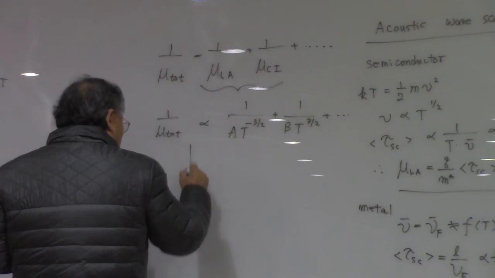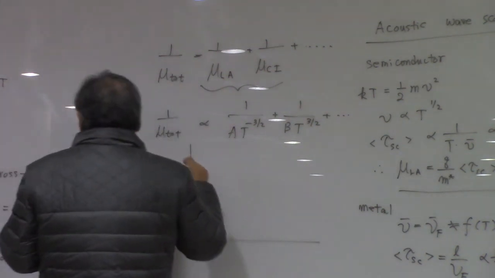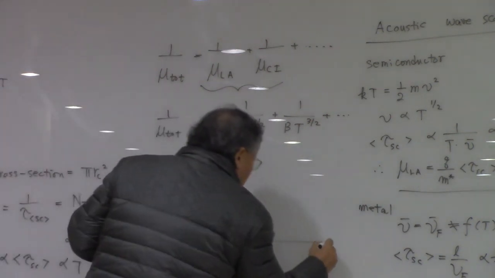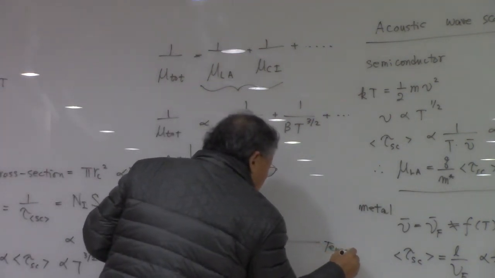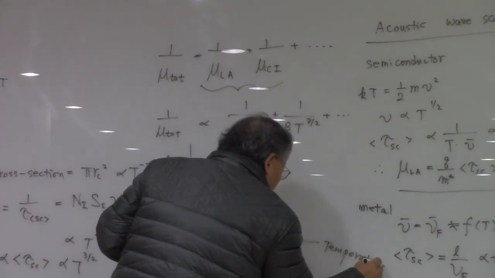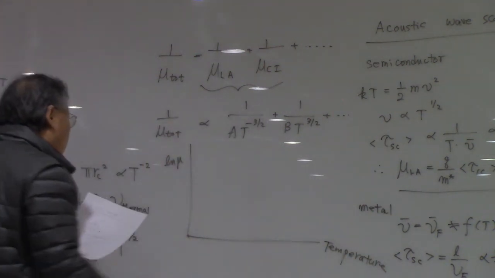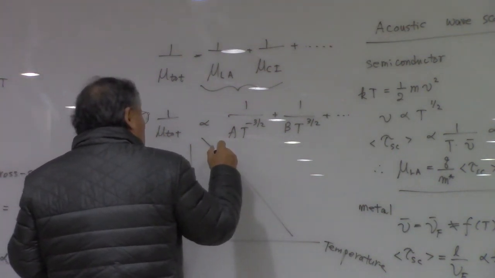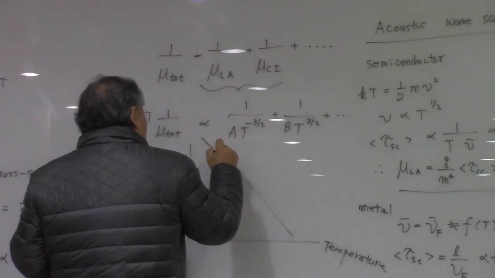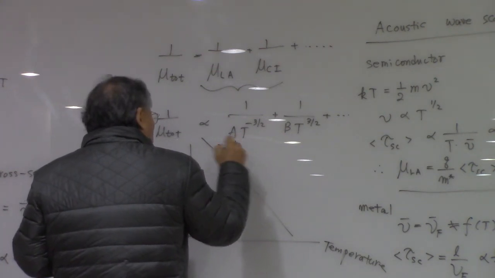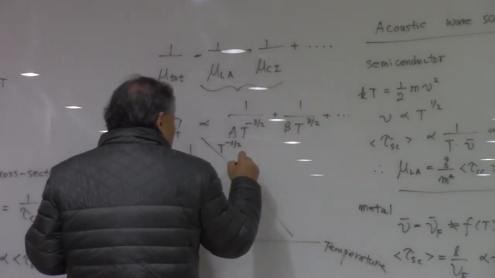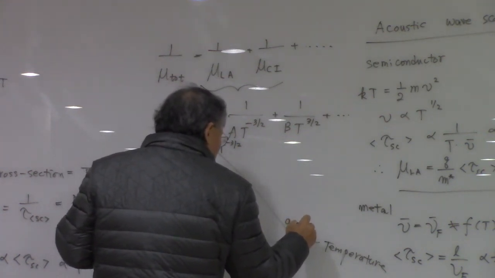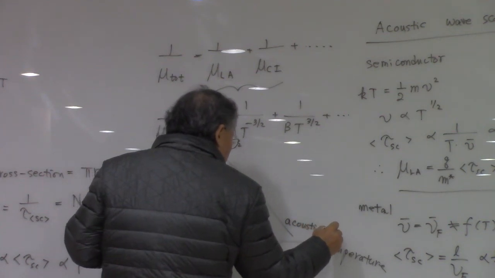So if you have a plot of the mobility with respect to the temperature, then you have one straight line for the acoustic lattice wave, T to the minus 3/2, and that is the acoustic lattice wave scattering.